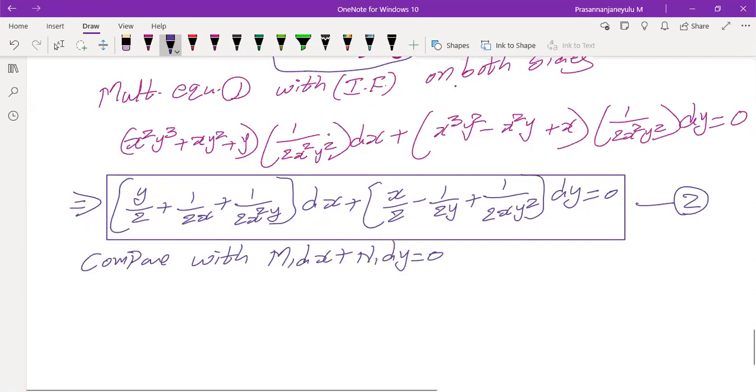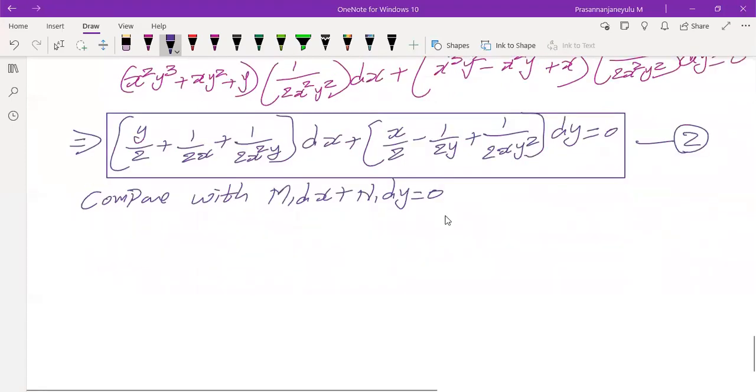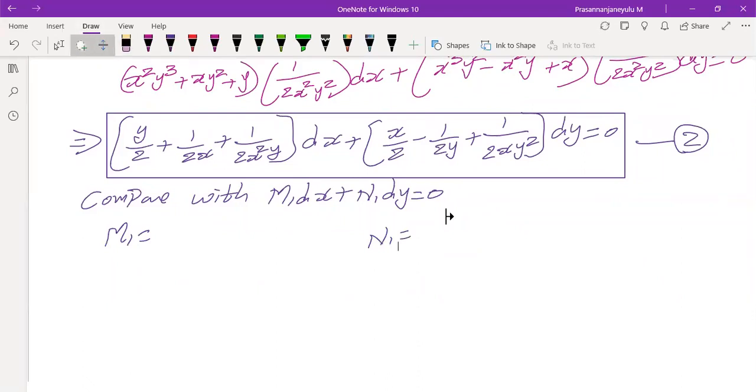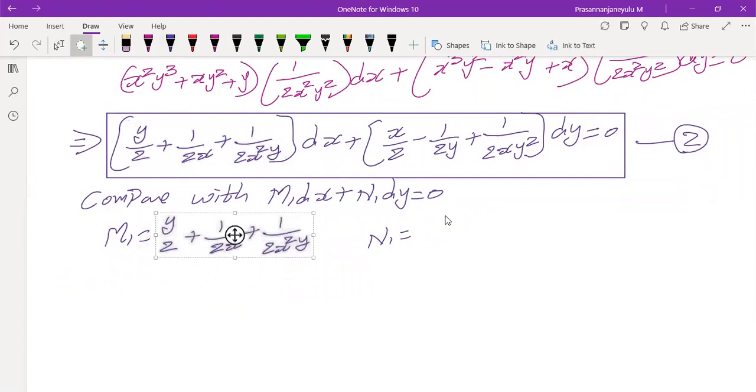While we compare it, what is m1 we are going to get? m1 equals this function, and n1 equals this function. This is our m1, and in the same manner finding n1.